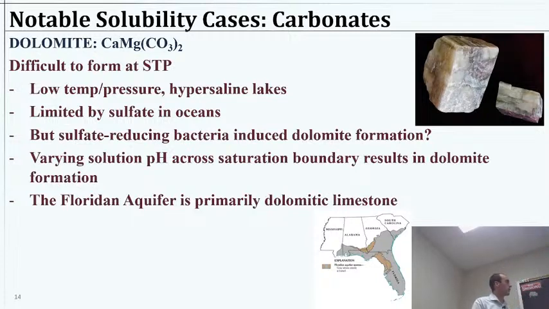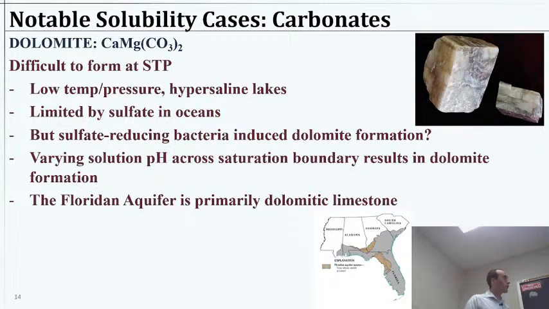They really only found it generating at low temperature. The book says low pressure, but I'm not sure about that. It was found in low temperature hypersaline lakes. Also, people noted that if there was sulfide around, that really limited the formation.